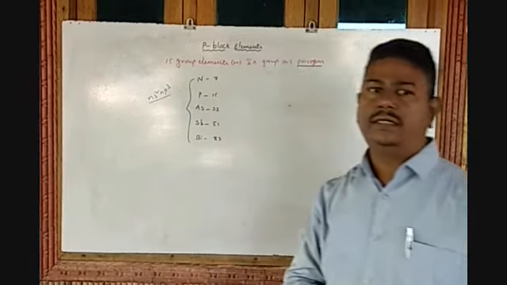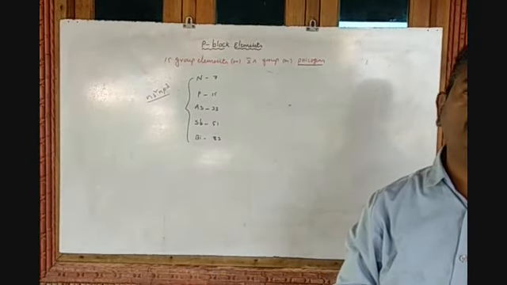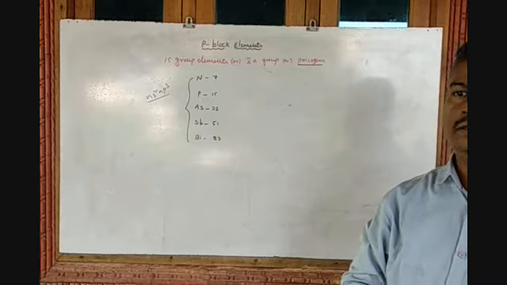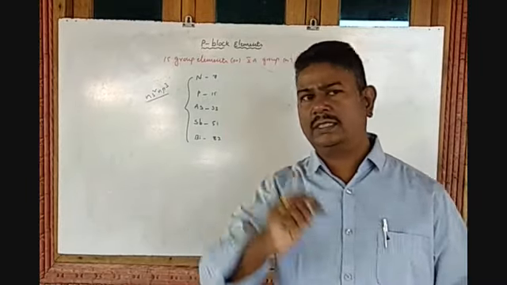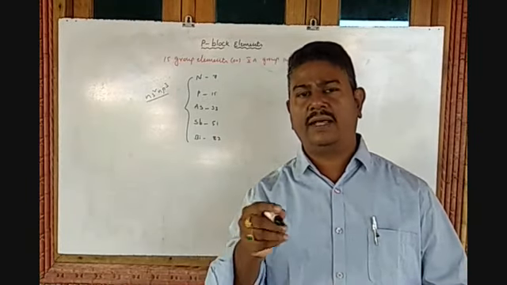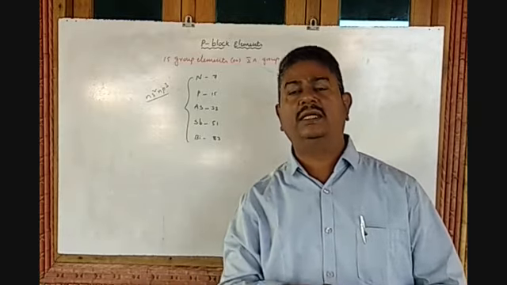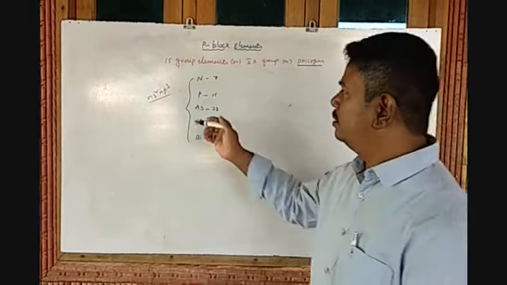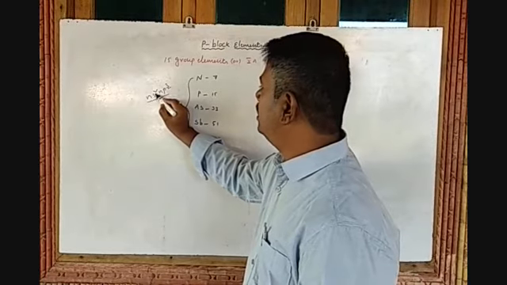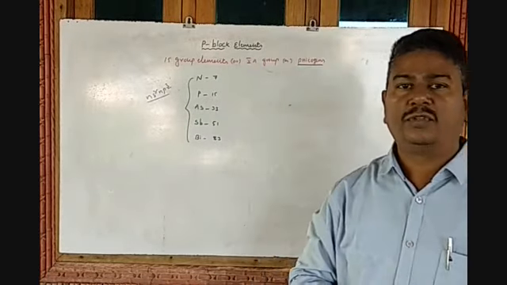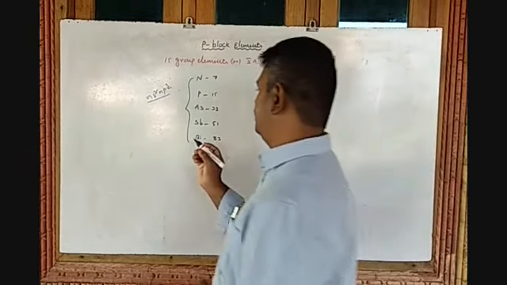That is the general electronic configuration of group 15 elements. The number of valence electrons represents its group number. So how many valence electrons are there? 3 plus 2 means 5 valence electrons.